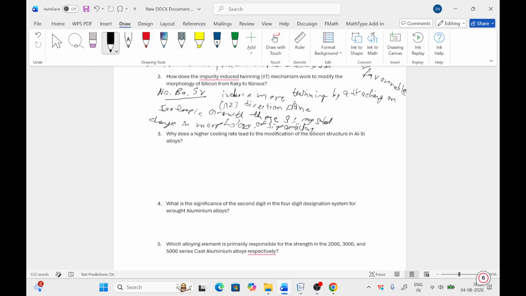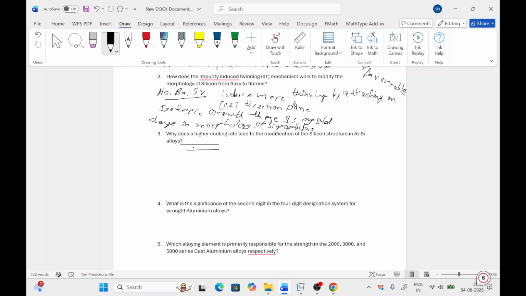So with higher cooling rate, first we have to pay attention to the solidification temperature of aluminum and silicon.